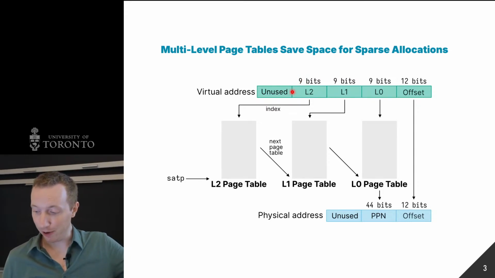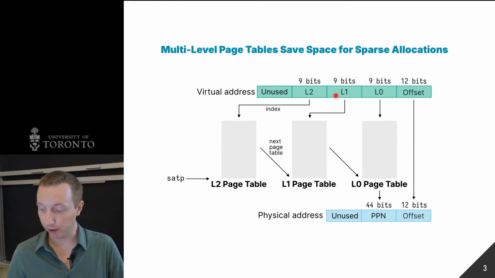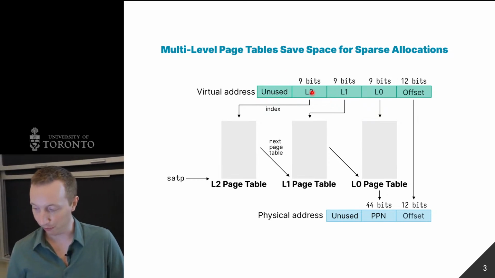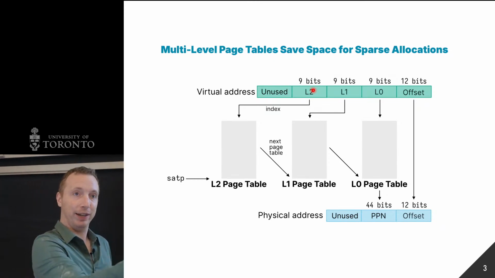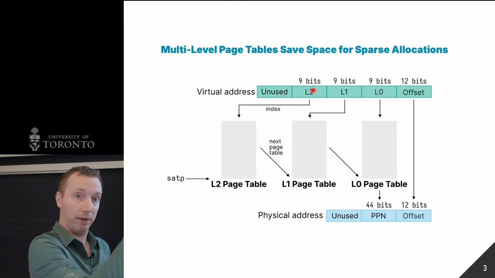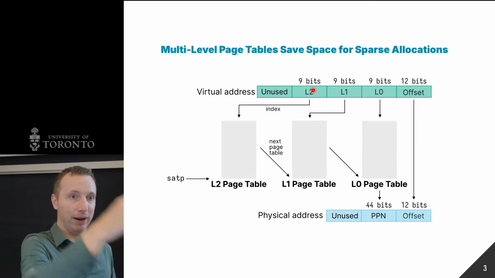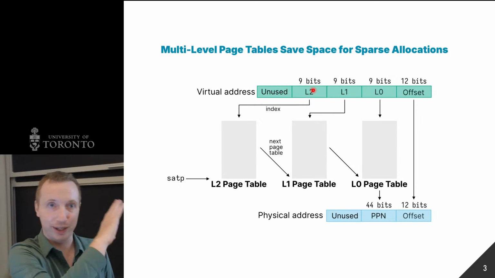So instead of just indexing a giant table, we split off the index to other tables and they lead us to other ones. So here, I use this part of the index to tell me which entry in the first page table that fits on a page to go to, and then I keep following it over and over until I eventually hit the last level here.